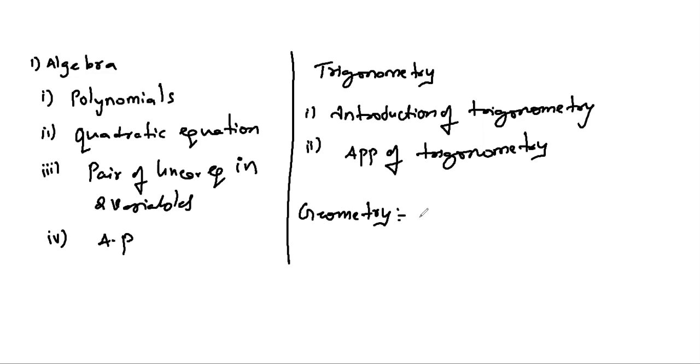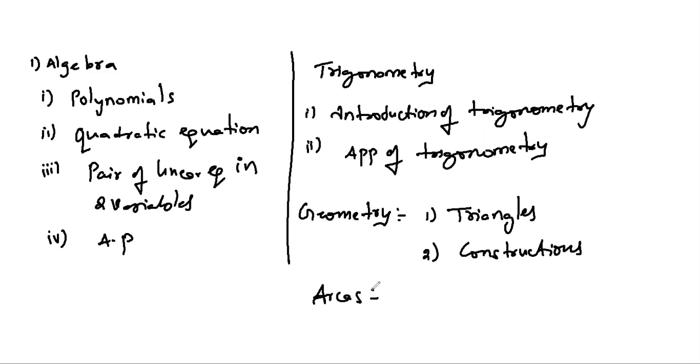This geometry will have triangles and constructions. And next, areas. In areas you have circles and area related to circles. Okay. Now your paper is divided into this.